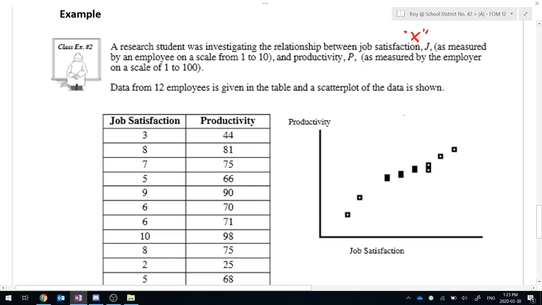That's measured by the employee on a scale from 1 to 10, and productivity, which they've put on the y-axis, measured by the employer on a scale of 1 to 100. So it looks like they're interviewing their employees for their job satisfaction and then asking their bosses what their corresponding productivity is. Interesting.